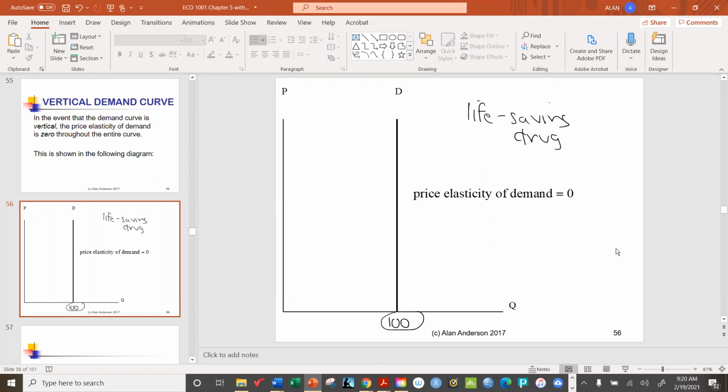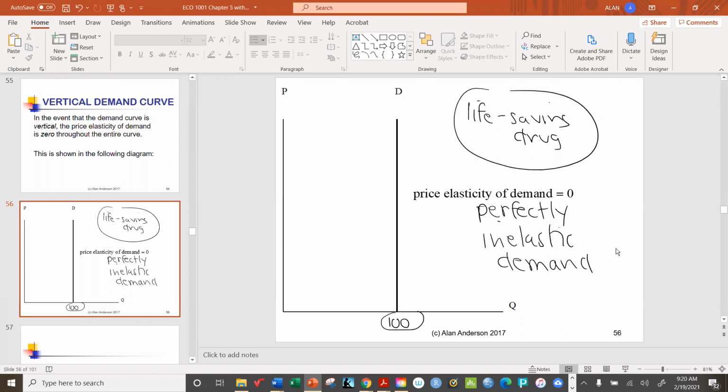So this is an example of what we call inelastic, or perfectly inelastic, demand. And that's because you must have this product to survive. All right, let's say you're diabetic and this is insulin and you must have it or otherwise you'll die. So this is not even a consideration. You have to have that much and that's it.